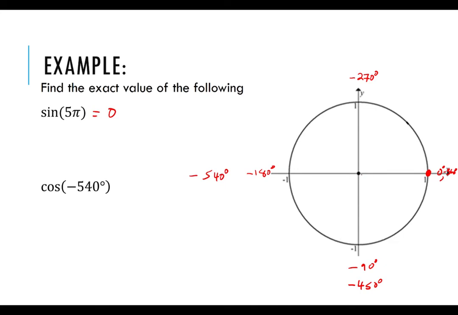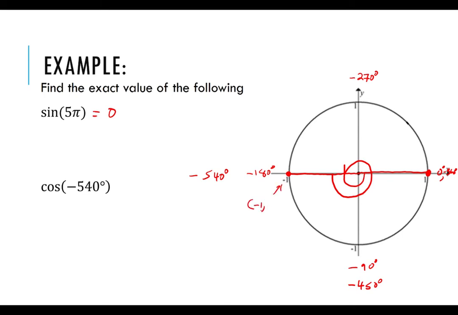So let's just pretend we start with our standard position, and then we rotate in the negative direction. So let's do our theta here. So we rotate negative 360 degrees, negative 450 degrees, negative 540 degrees. That's where the terminal ray ends up. That's the point. That point ends up being the value negative 1, 0, right?